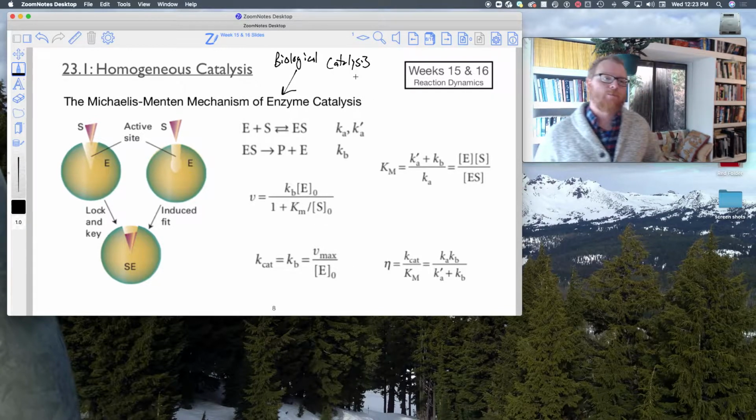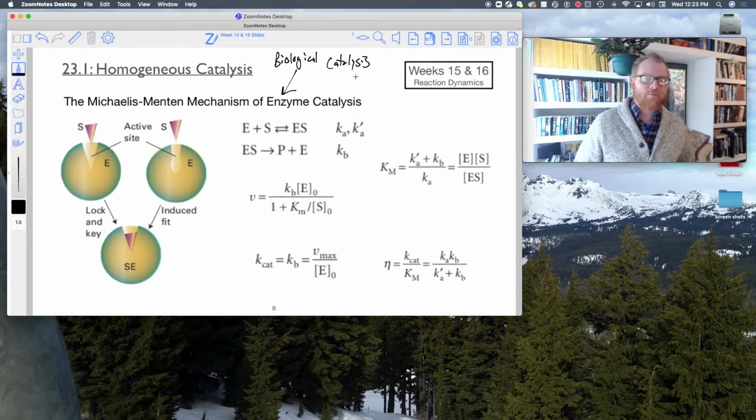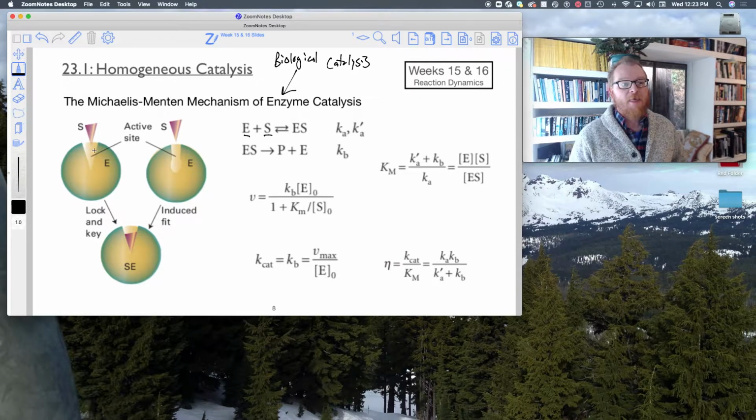So for example, in the Michaelis-Menten mechanism, we have our substrate S and our enzyme, our catalyst E. They diffuse to each other, and in this diffusion, they will find an active site where it can lock and key fit right into place.